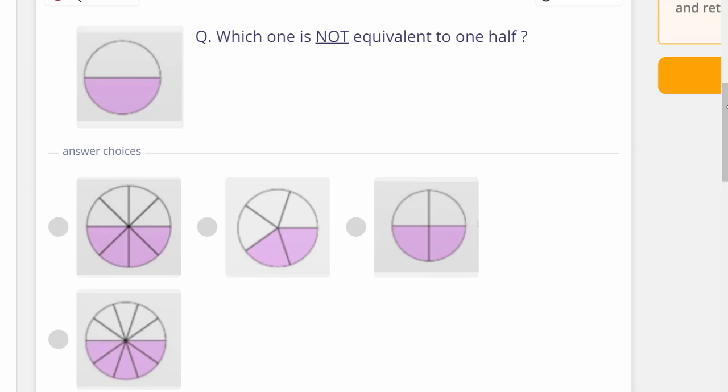Haider, which one is not equivalent to 1/2? Haider, this is 1/2. Which one is not equivalent to 1/2? Quickly.